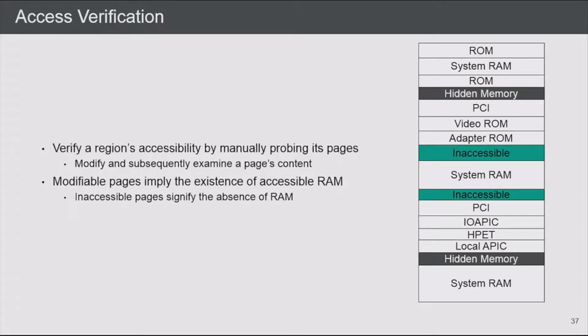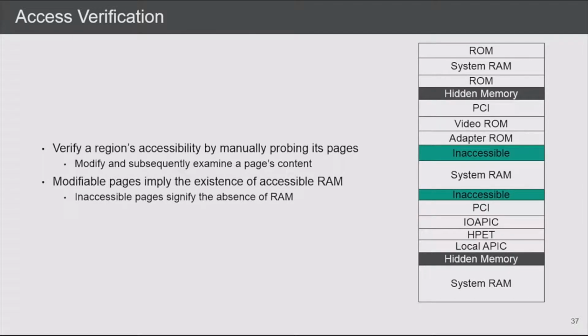As a last step, we need to verify if the remaining regions are indeed accessible and therefore are backed by RAM. And we do this by modifying a few bytes in each of the remaining region's pages and subsequently examining if the page's contents changed.